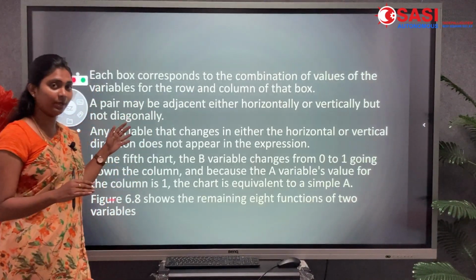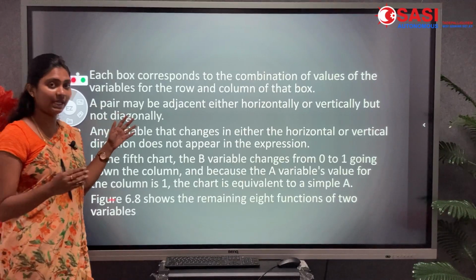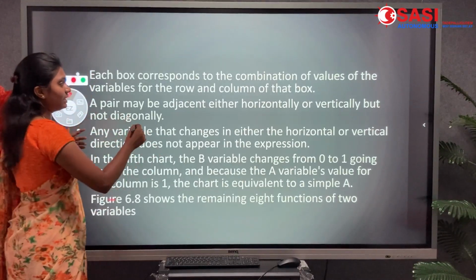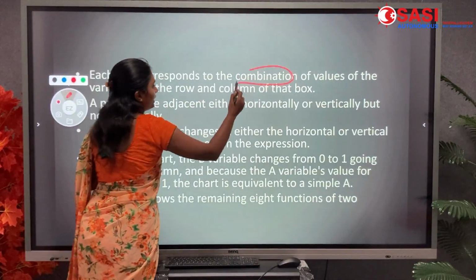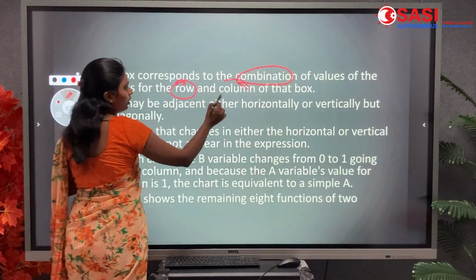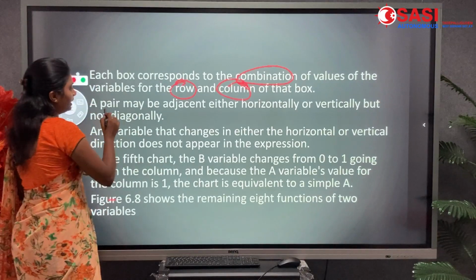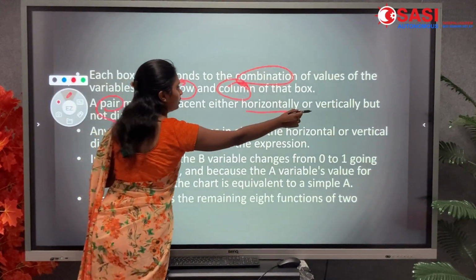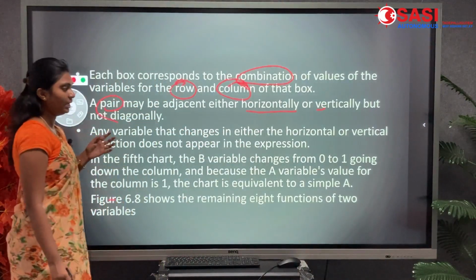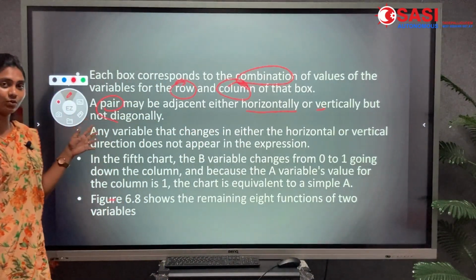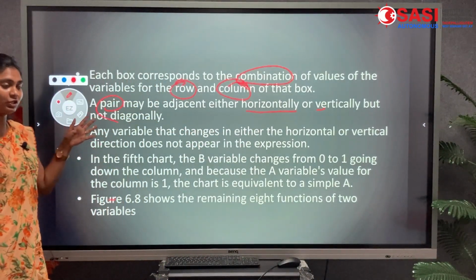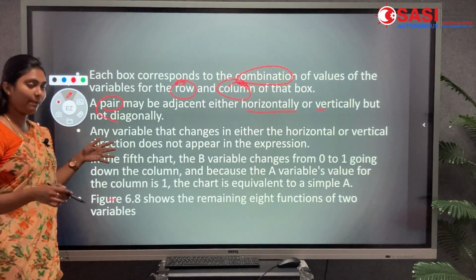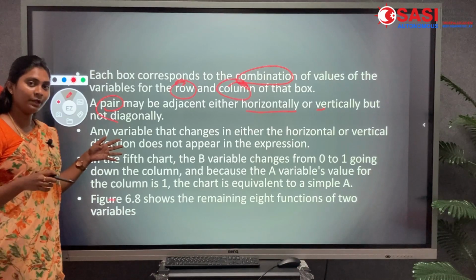We also define statements like horizontal or vertical. First, they combine the rows and columns. Next, the pair of links may be horizontal or vertical. Next, the variable may or may not change horizontally or vertically, so it depends upon the particular node.